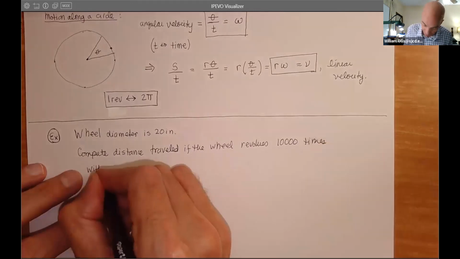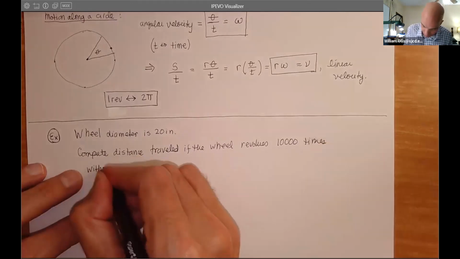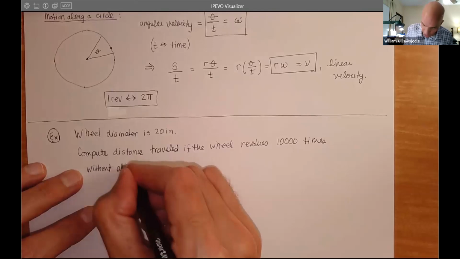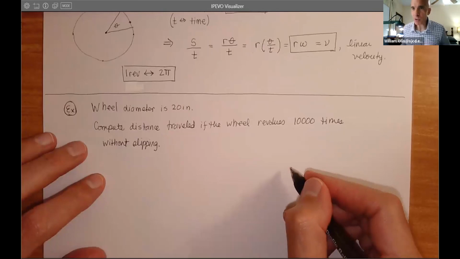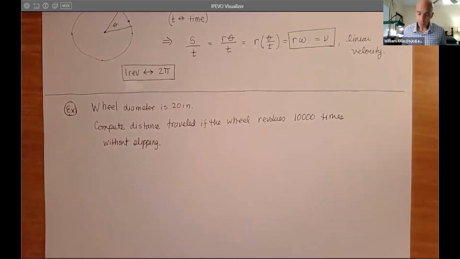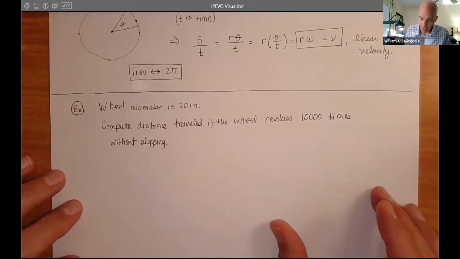So no skidding. So we're not driving in snow or anything like that where we're just spinning our wheels, so to speak. No spinning wheels. So now you're thinking distance.